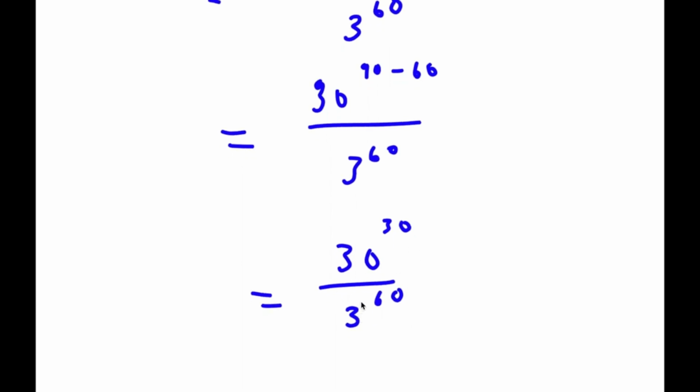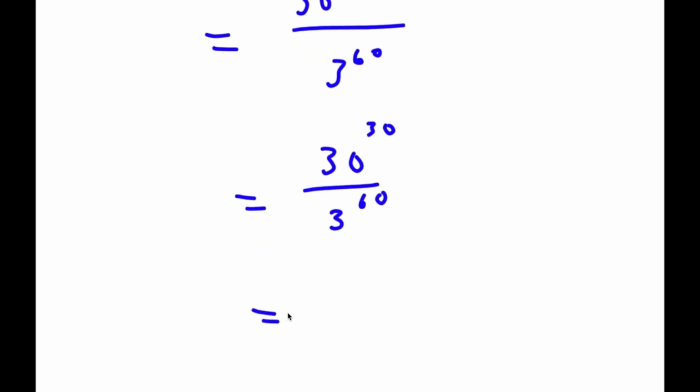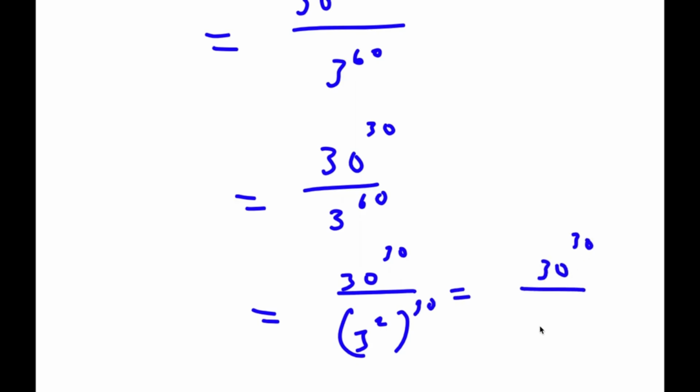Now 3 to the power of 60, that's the same thing as 3 squared to the power of 30. And 3 squared is equal to 9, so I have 30 to the power of 30 over 9 to the power of 30.